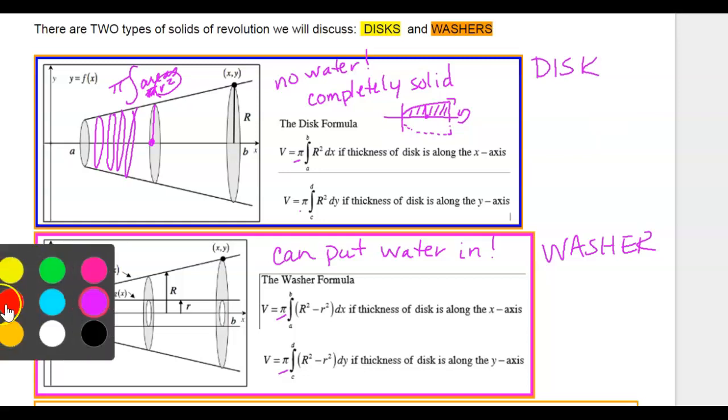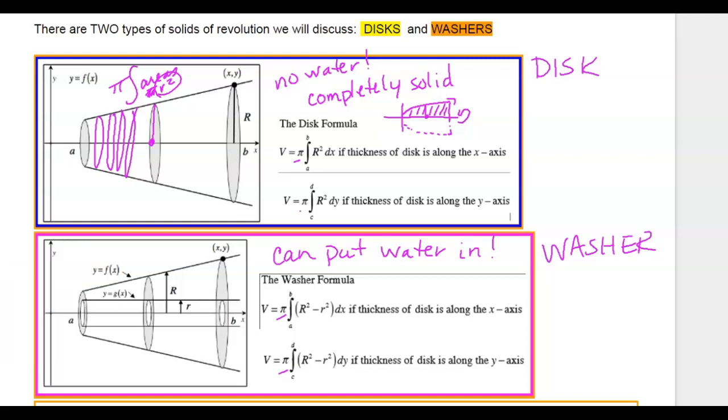Now the way I think of r, and I didn't make this up, I don't know who did, but it works for me, is I don't remember r, but on a disc, to get my radius, I'm going to think of top minus bottom. So if it's along the x-axis or anything parallel to an x-axis, you're going to think of pi, a to b, of top minus bottom squared, okay?